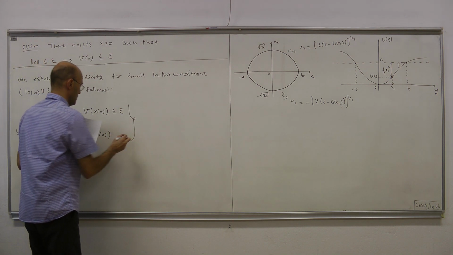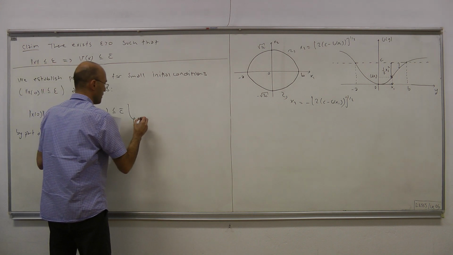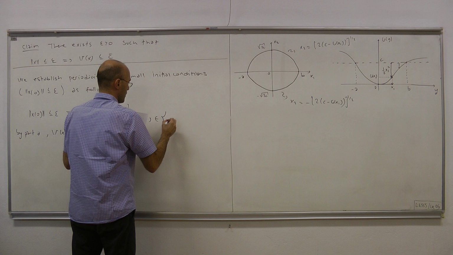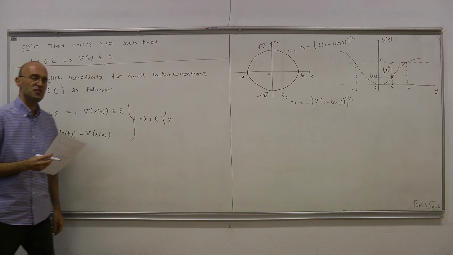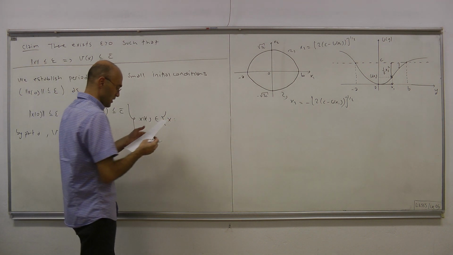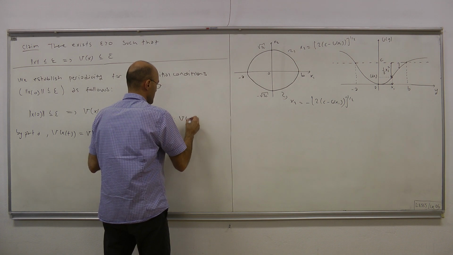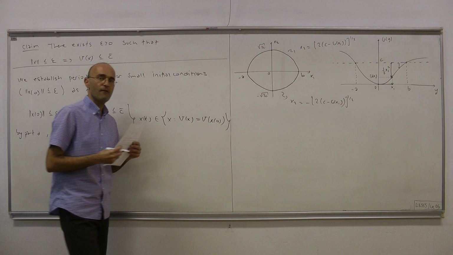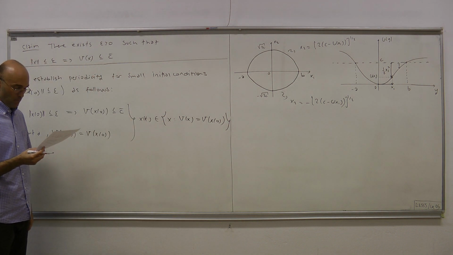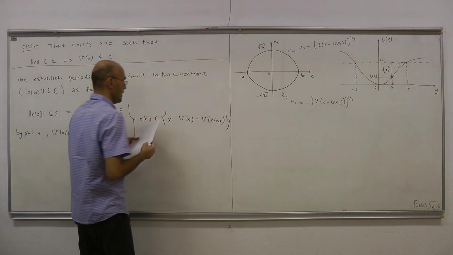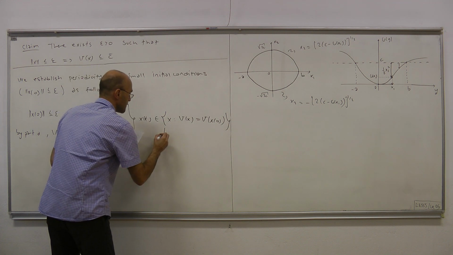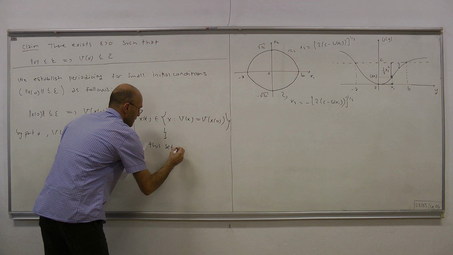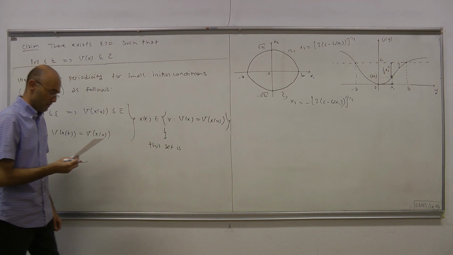So that means x of t belongs to the following set: the set of all x such that V of x equals V of x of 0. Now, this set is a closed curve.